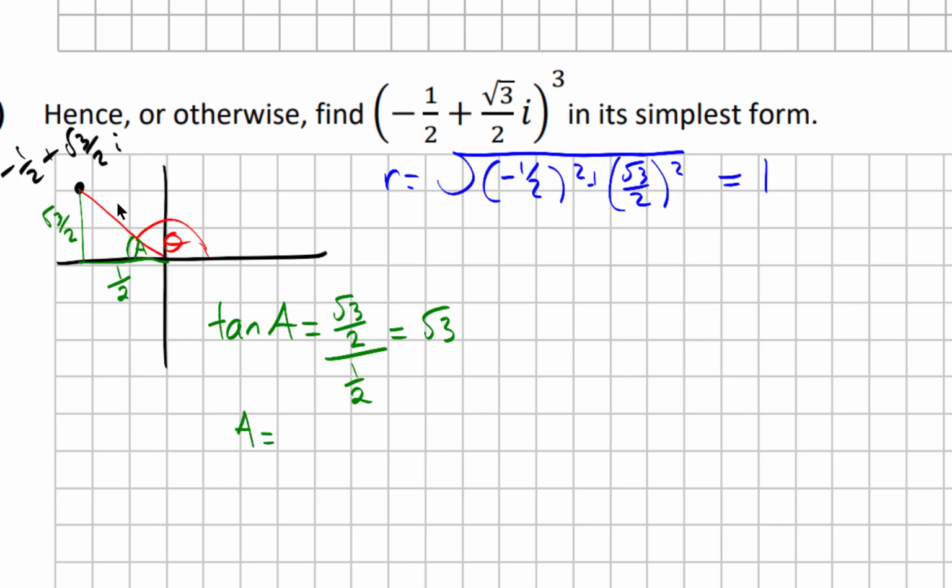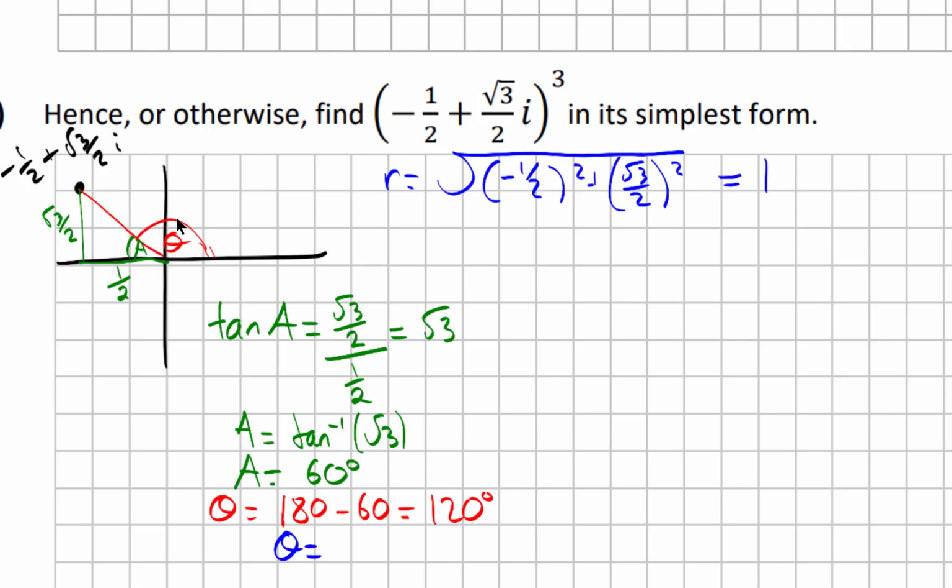So then A equals tan inverse root 3. So A is equal to 60 degrees. Therefore theta, which is the angle starting from the positive x-axis or the positive real axis, is 180 take 60, 120 degrees. And maybe we should get it in radians. Theta is 2 pi over 3 radians.